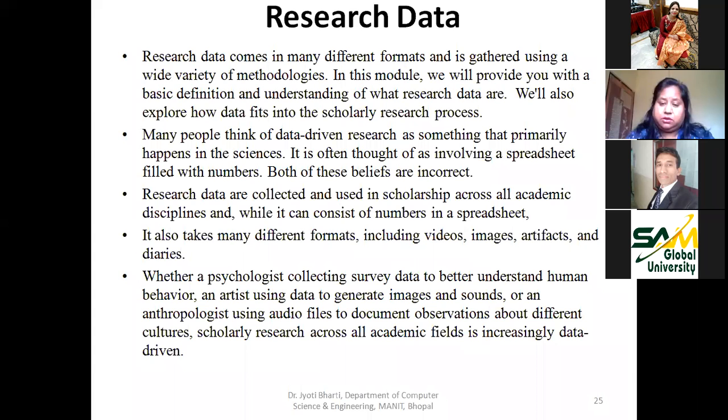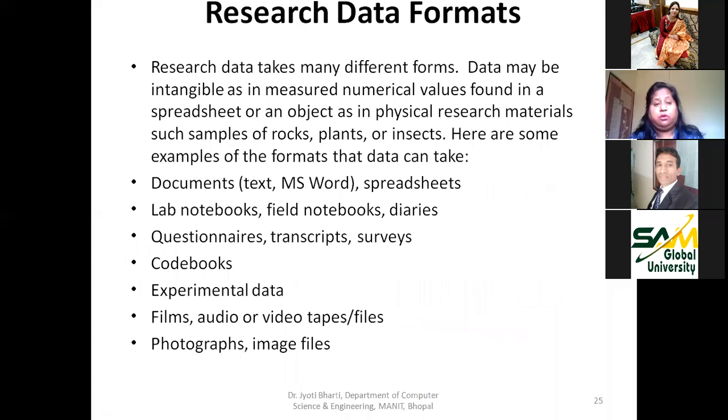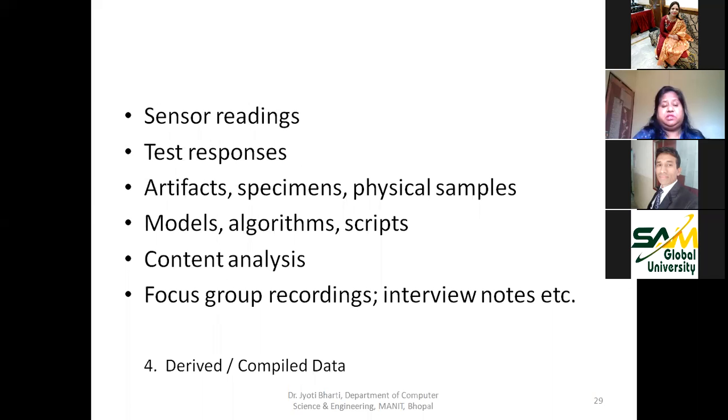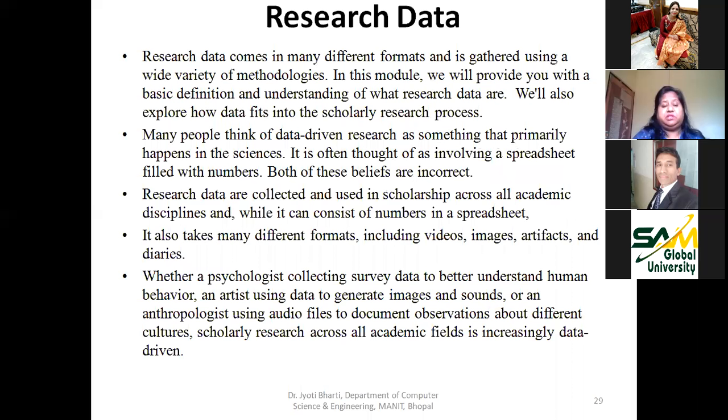Another important thing is, this is all about simple data. But for research, there are 4 types of data generally used for research purposes, categorized into different forms. So first of all, what is the difference between simple data and research data?